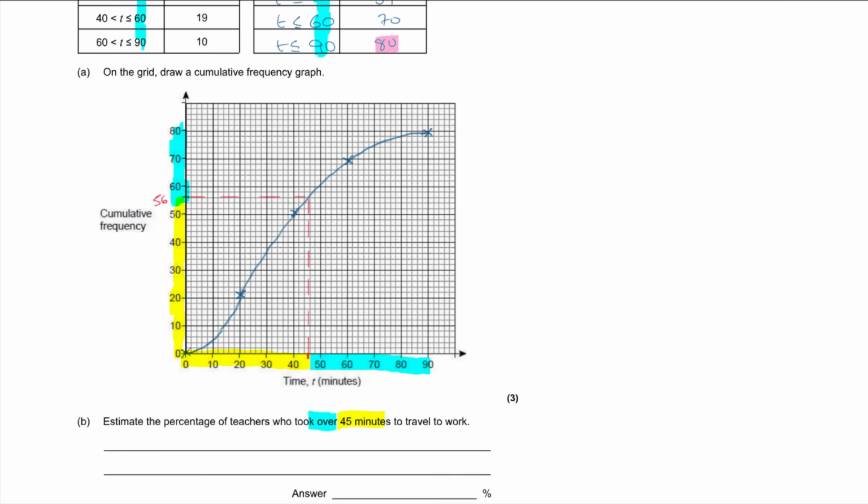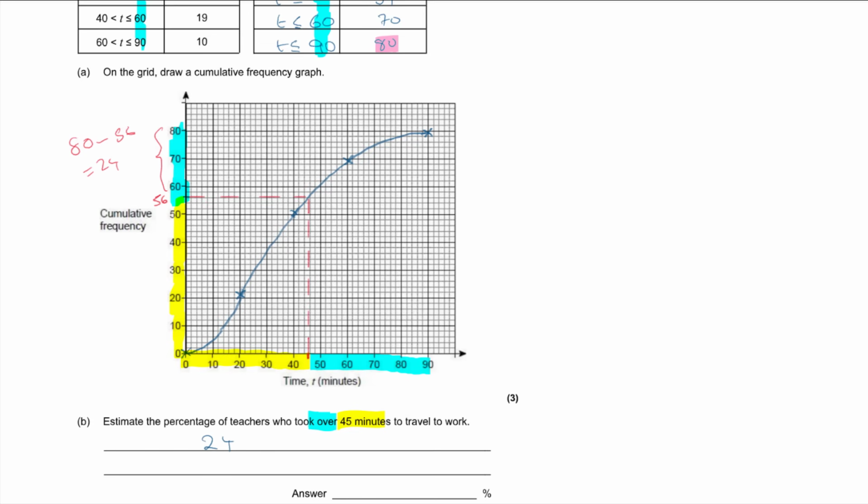If 56 people took 45 minutes or fewer, then it's going to be 80 minus 56. That's 24, isn't it? So this section here is worth 24 people. So there are actually 24 teachers who took more than 45 minutes to travel to work.